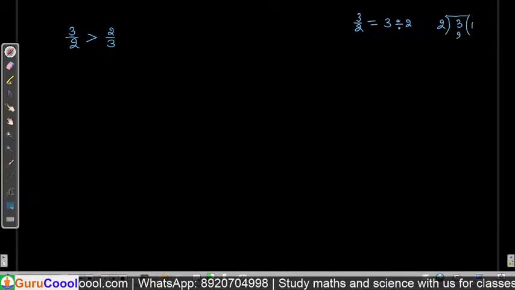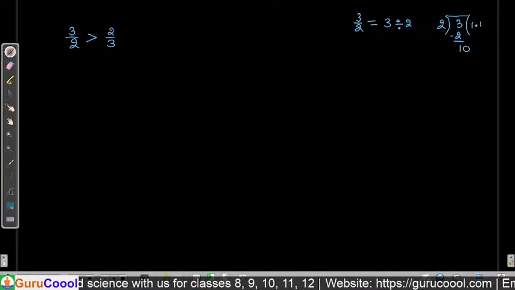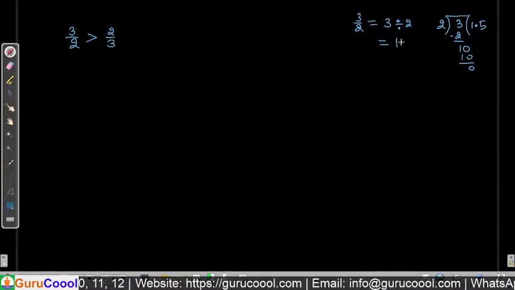So 2 1s are 2, 1 after subtracting it, and then you take a decimal, you put a 0 here, 2 5s are 10, 10 minus 10, 0. So 3 by 2 is equal to what? 1.5.